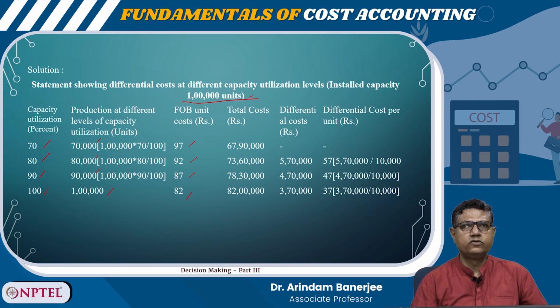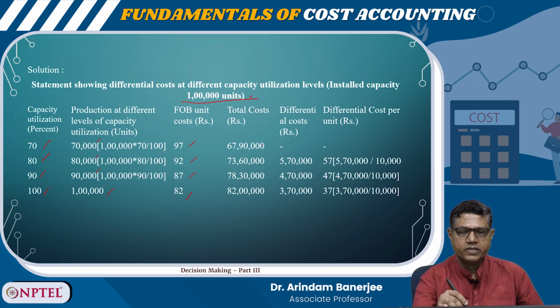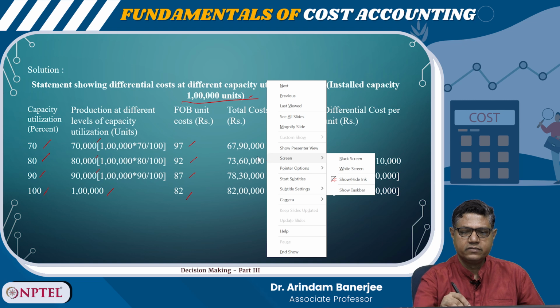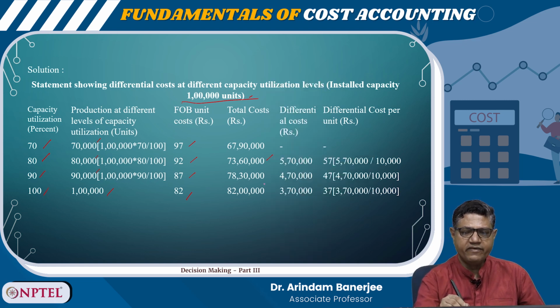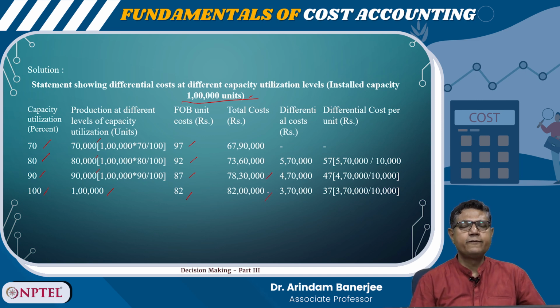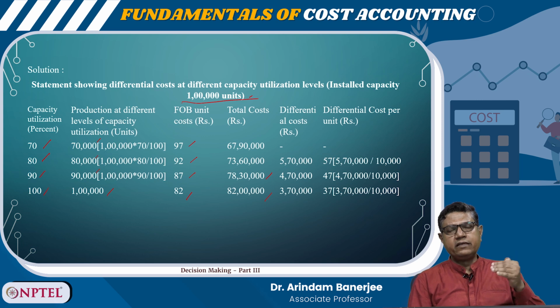Total costs I can calculate by multiplying this, right, 70,000 into 97. So, it will come to 67 lakh 90,000, 73 lakh 60,000, 78 lakh 30,000 and 82 lakh, right. If I take the difference, I will get the differential cost.